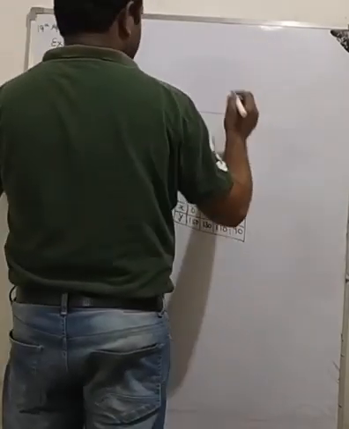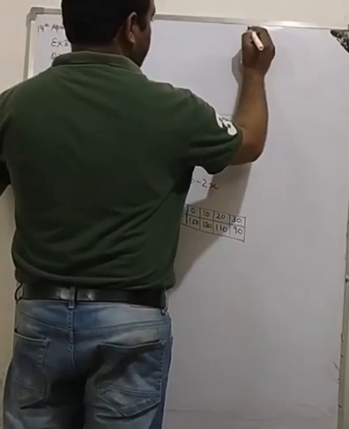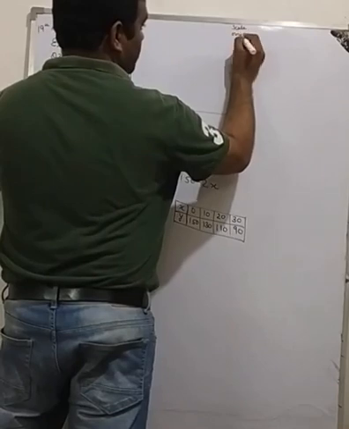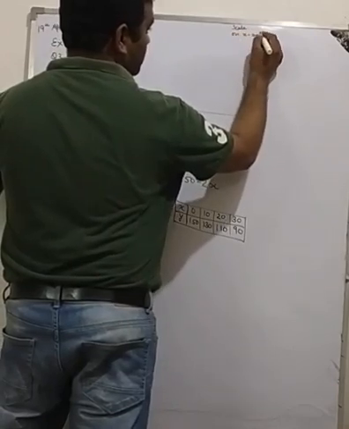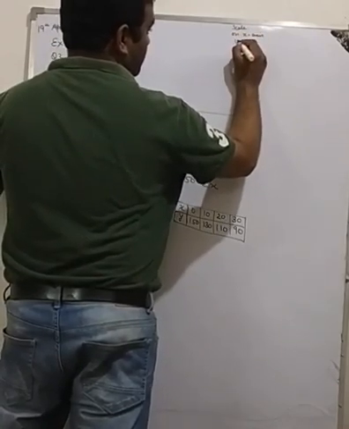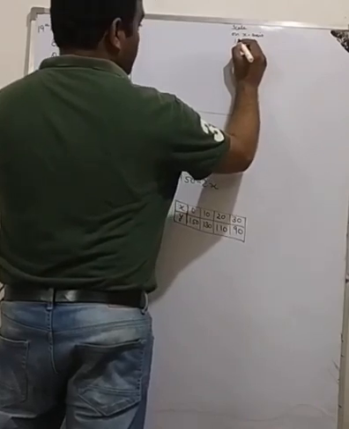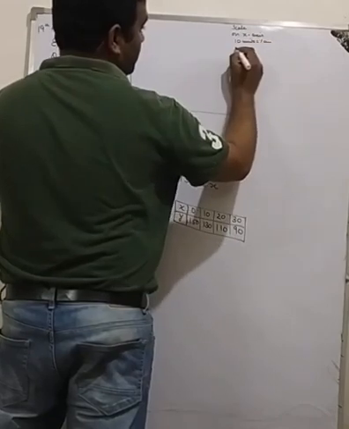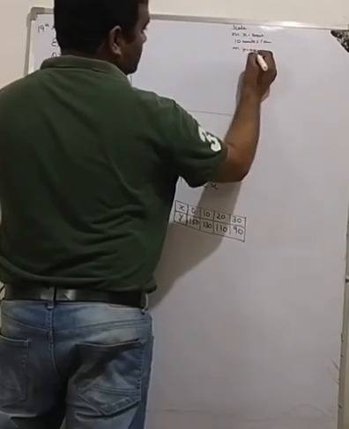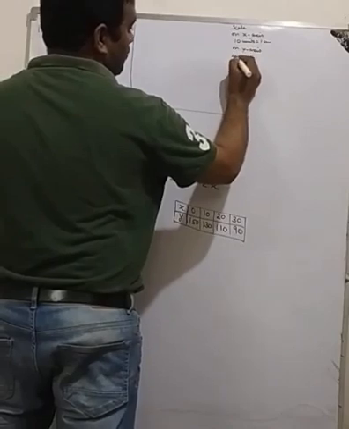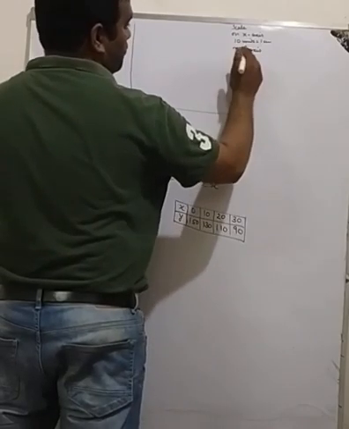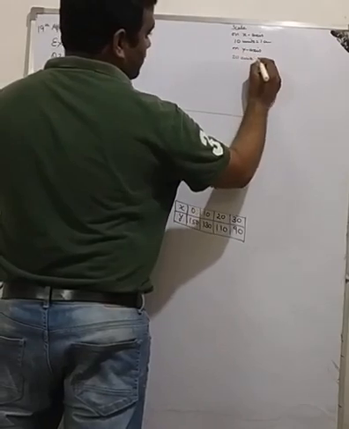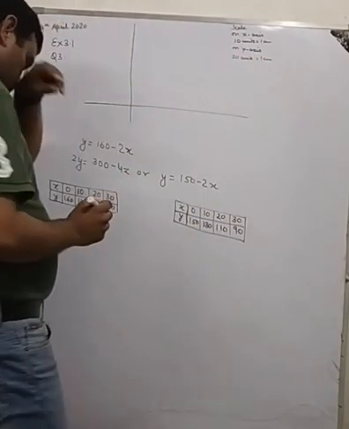Here I will write the scale, and the scale says on x-axis ten units is 1 centimeter, on y-axis 20 units is 1 centimeter.